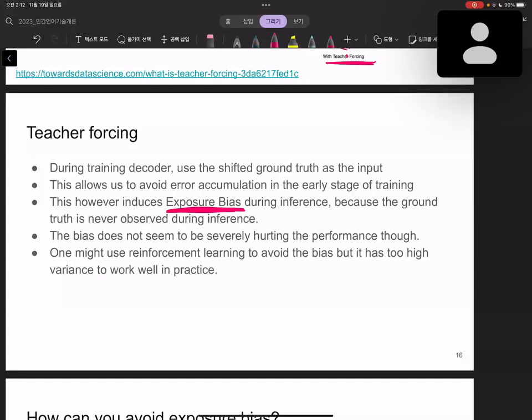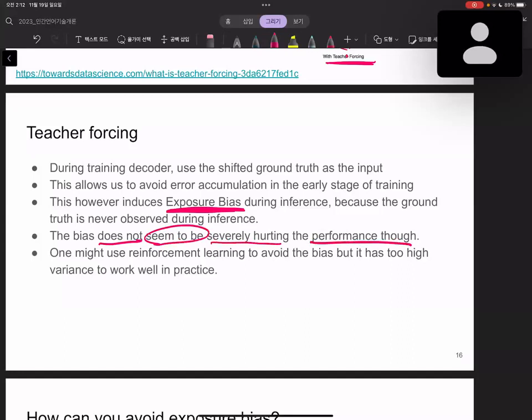We cannot use ground truth during inference. So our model may be confused because it cannot use the ground truth information. That is exposure bias. And the bias does not seem to be severely hurting the performance, though.